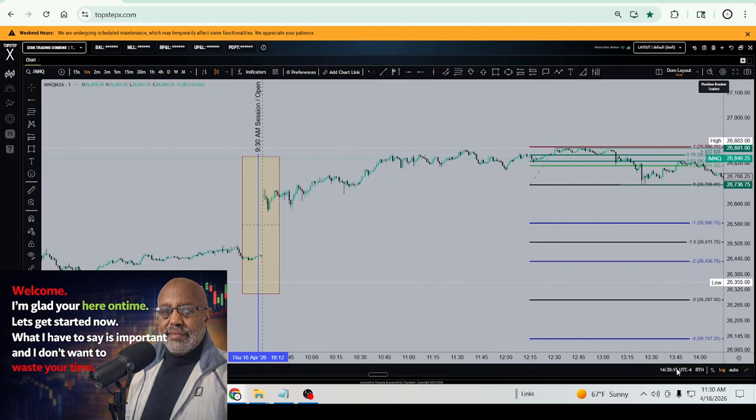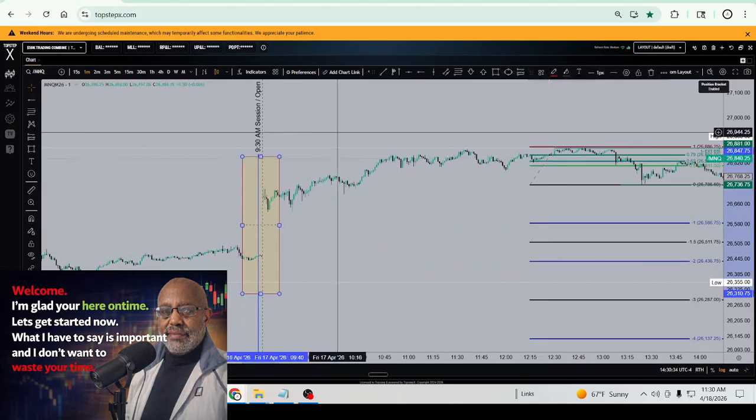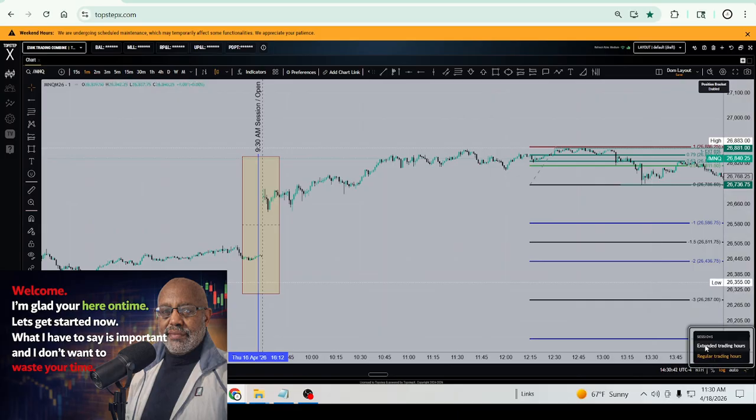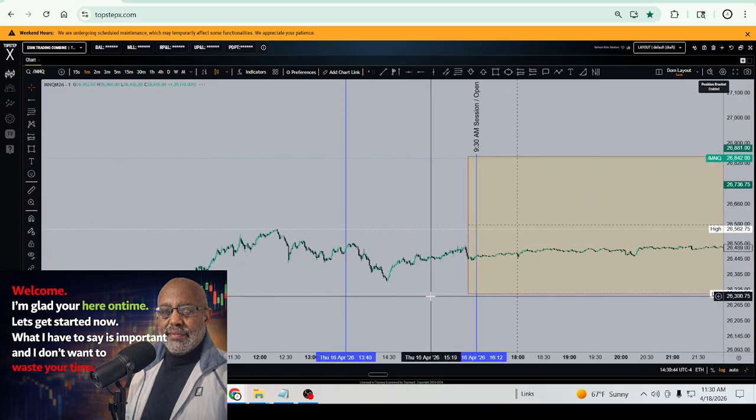But when I go down to the lower right of my screen, RTH means regular trading hours. I'm going to switch it to extended trading hours. And you won't see this gap, but I'm going to show you when we lock it, when that happened. And it happened at the opening bell, the bottom line, okay? Go to extended trading hours, and guess what?